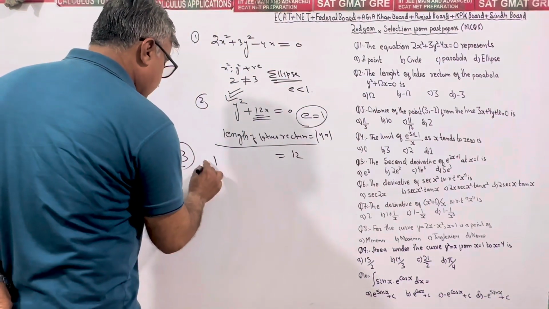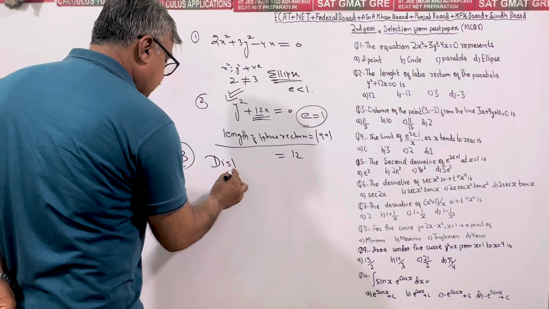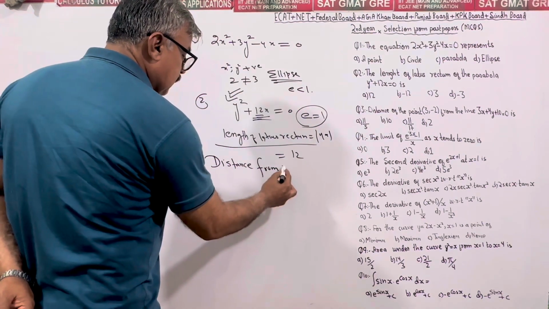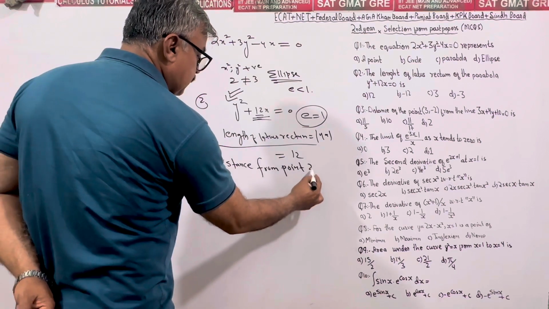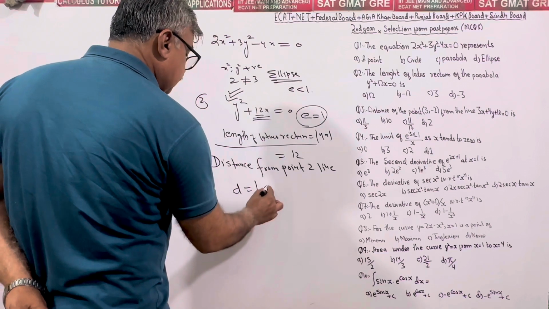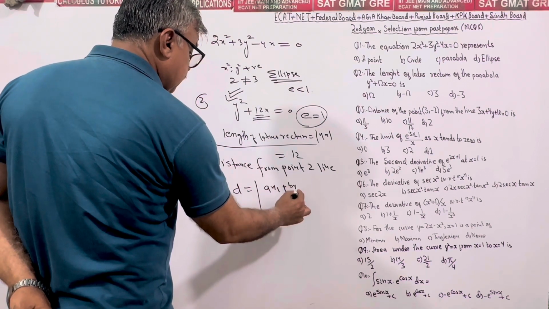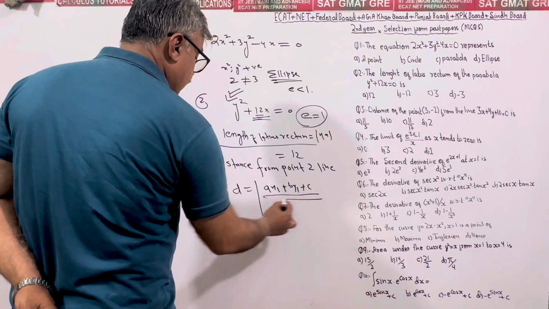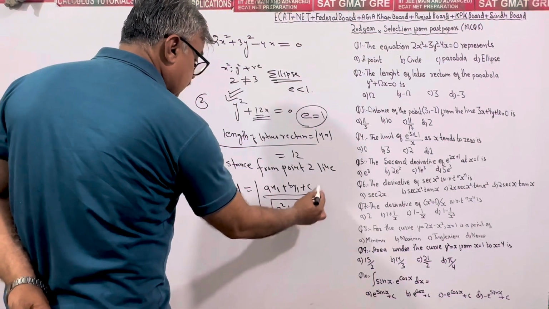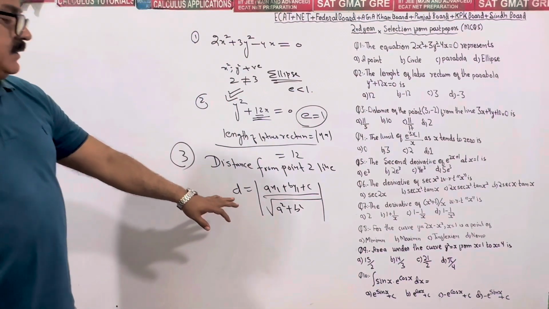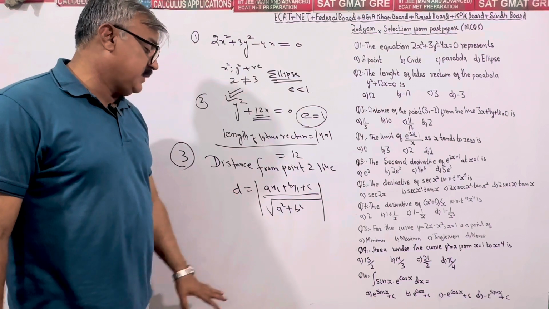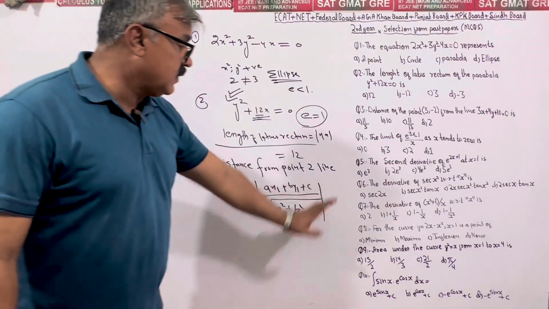Distance from a point to a line is given by d equals modulus of ax1 plus by1 plus c, overall root of coefficient of x square plus coefficient of y square. The work of modulus is that if the overall answer is negative, turn it positive, because the length or distance is always positive.